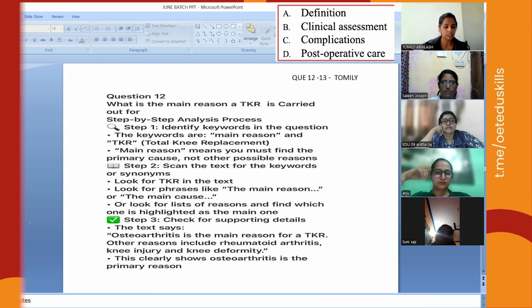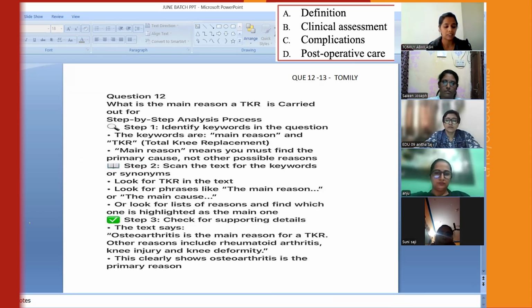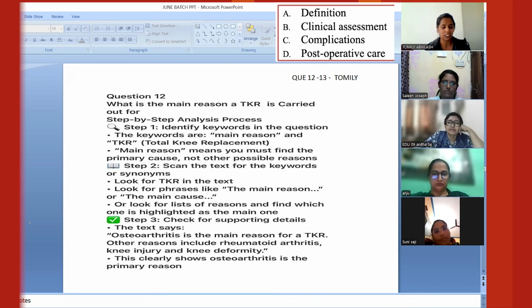Question 12 is, what is the main reason a TKR is carried out for? As per Father's strategy, we have to analyze the question. From the question itself, we can mark out the main key points: main reason and TKR.